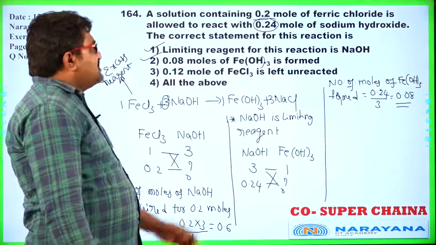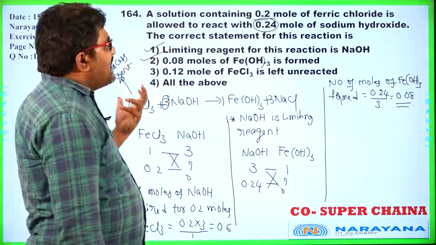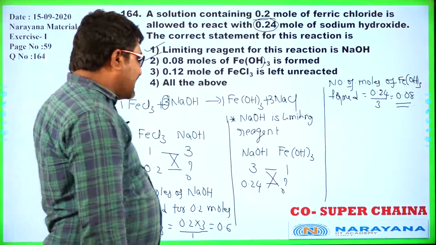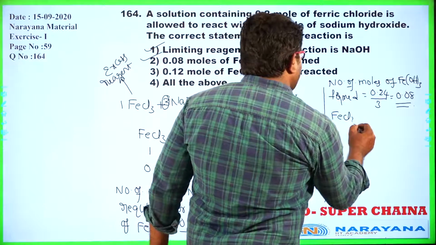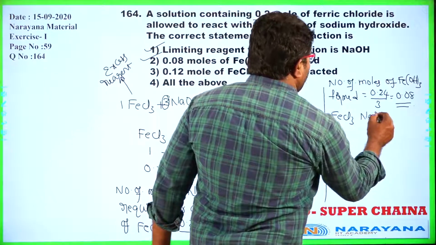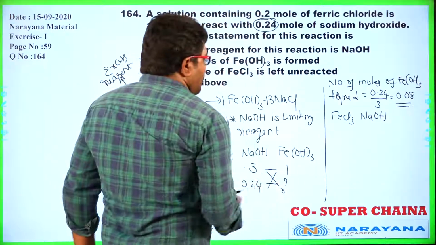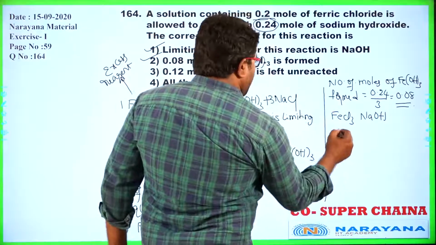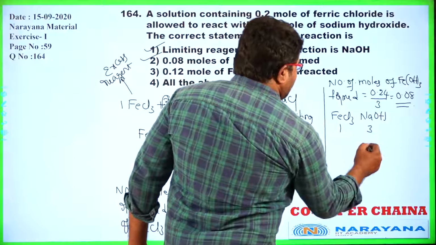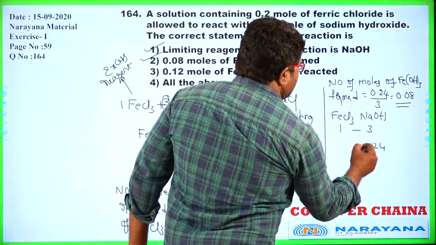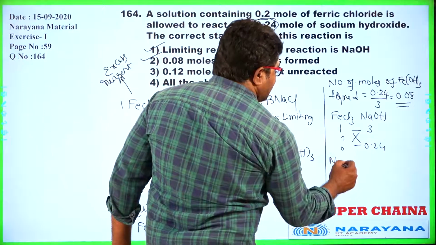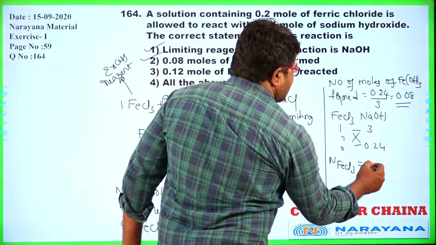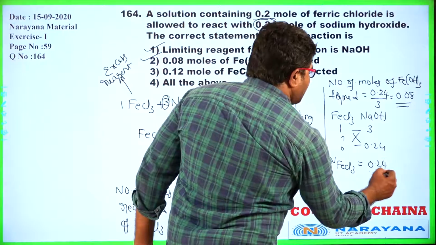For 0.24 moles of NaOH, we will calculate how much FeCl3 was actually required. According to the equation, for 1 mole of this, 3 moles. So the number of moles of FeCl3 required is equal to 0.24 by 3.